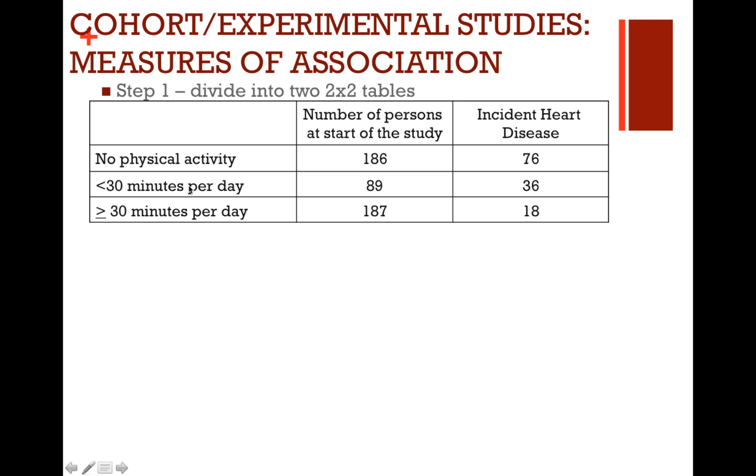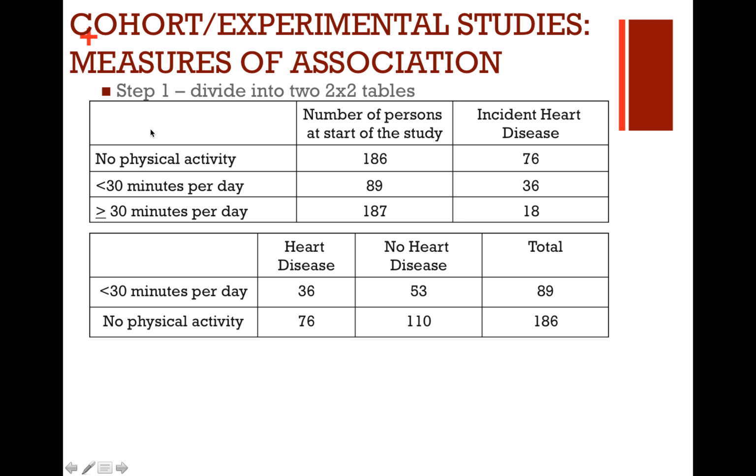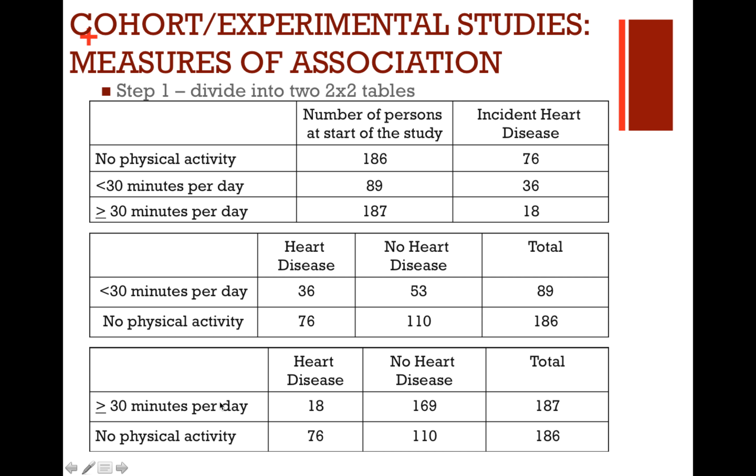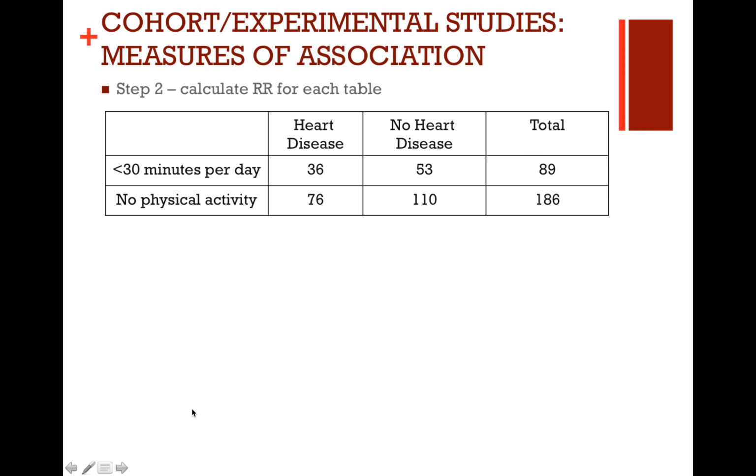So is some physical activity better than nothing? Or do you need really more than 30 to see the benefit? So we have heart disease, no heart disease, you're exposed to physical activity versus not. And then same thing, but now your exposure is more than 30 minutes a day. And then you do your calculations.